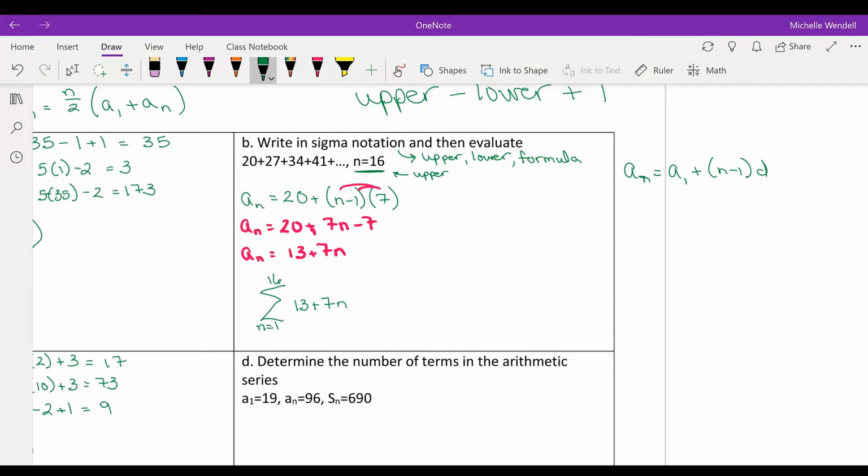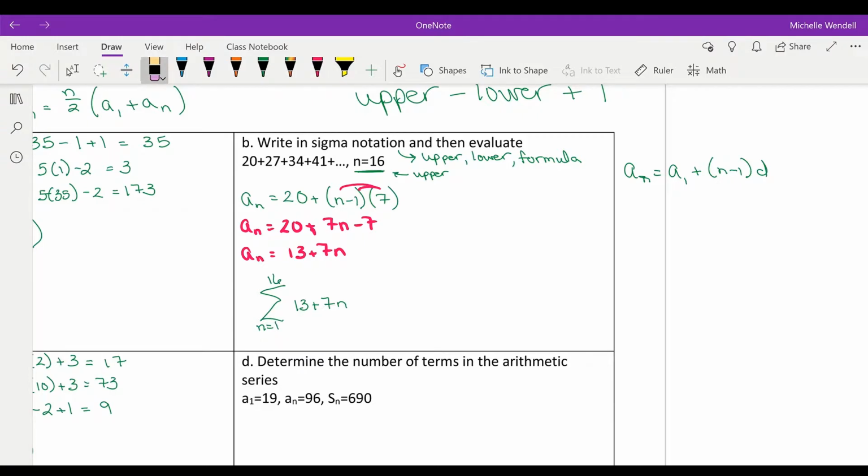I'm not starting with finding like the second term, right? 20 is the first term in this series, so that's where I'm starting. N is 1. When I plug in this n is 1, you will get 20. Okay, so again, that's that reminder to you that these upper and lower limits are not the term numbers, they are what you plug in to get the term that you need.